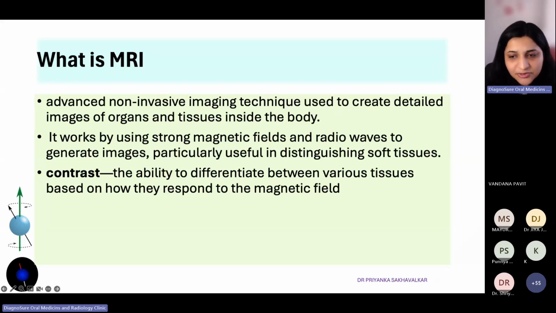And this ability to clearly visualize and distinguish these tissue types is particularly important when trying to detect abnormalities. Even in malignancies, where subtle changes in tissue structure can indicate the presence of disease, MRI plays a very crucial role.